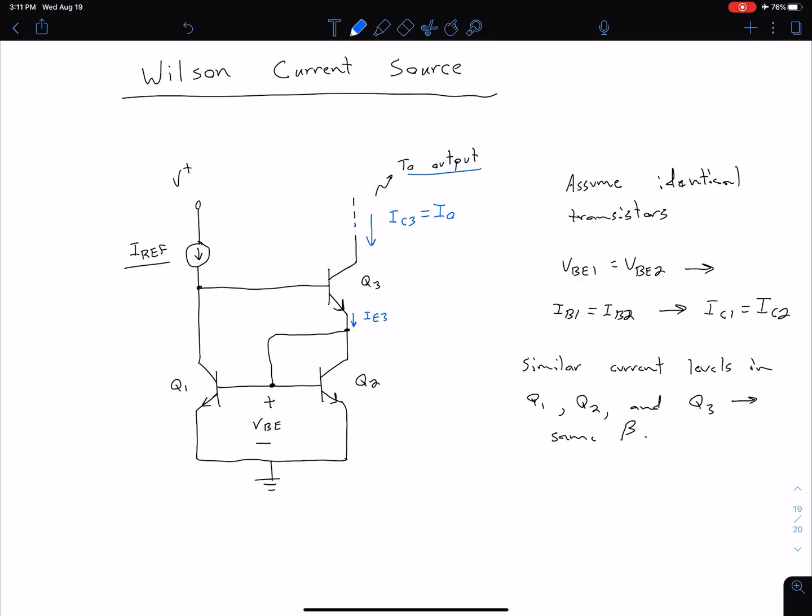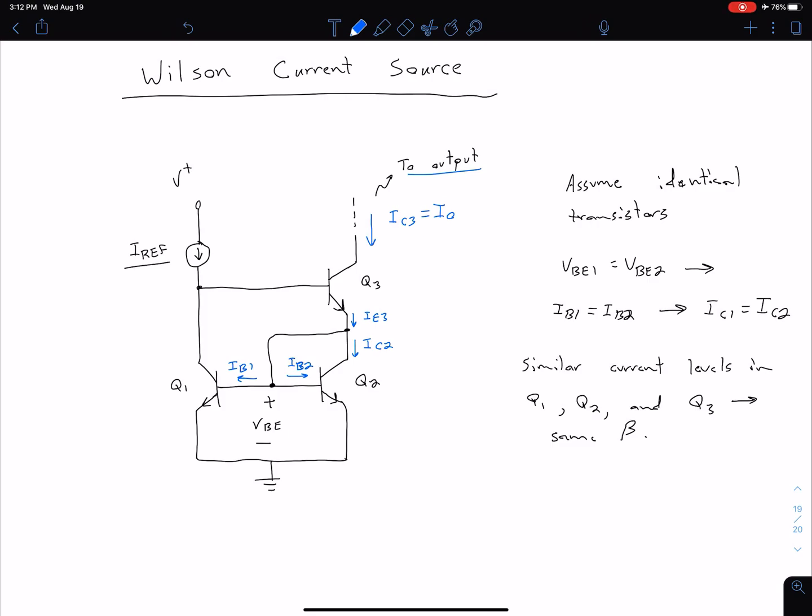And notice our emitter current IE3 is still providing these base currents. So we have IE3 being broken into two parts. Part of it is coming down this way, and that is ultimately going to become our two base currents, IB1 and IB2. And it's also splitting into this collector current IC2.